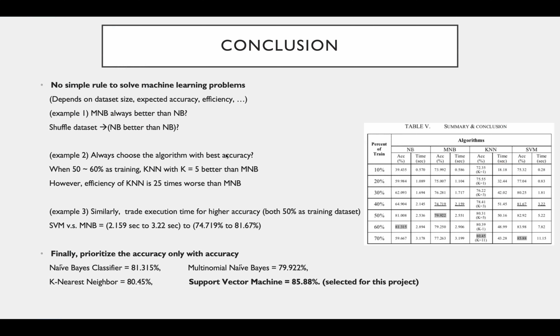So let's say example one. Is multinomial naive Bayes always better than the naive Bayes classifier? What if we shuffle the datasets? Maybe this time the naive Bayes classifier will be better than the results from the multinomial naive Bayes classifier.